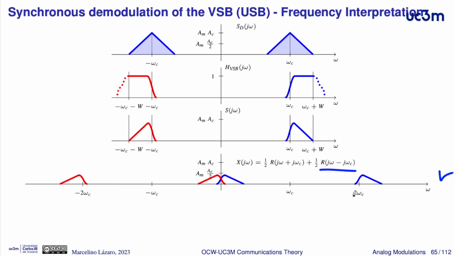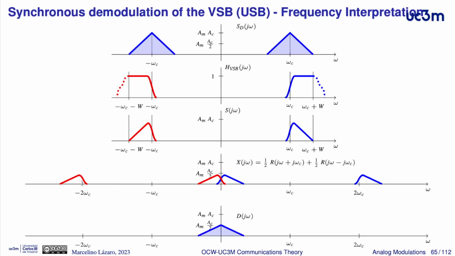Then the low-pass filter will remove these components, and here in baseband, maybe it is possible to recover the Fourier transform of the modulating signal. This depends on how these two terms are adding.